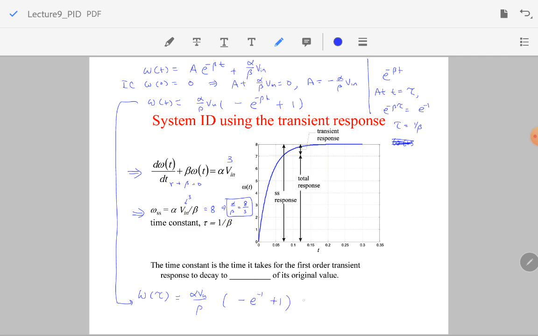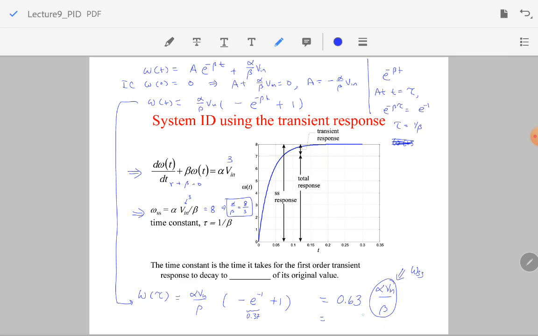What that means is that negative 0.37 gives 0.63, so 63% of alpha V_in over beta, which is your steady state value, and the steady state value is 8.